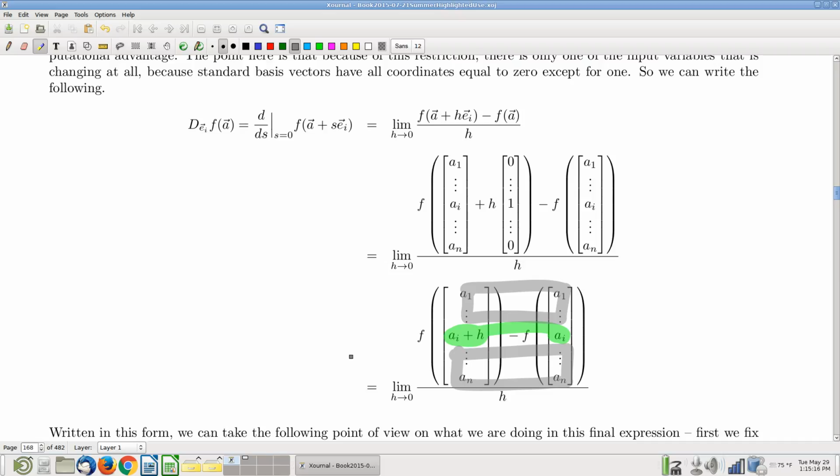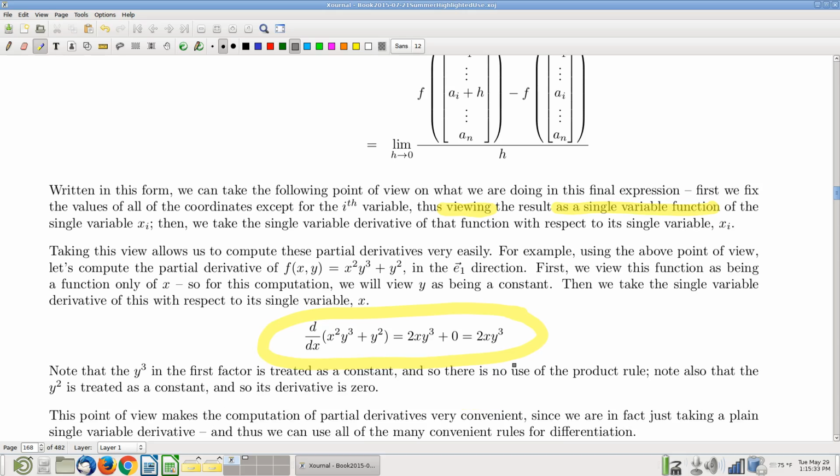Most of those variables are constants, and we're going to treat them as constants. Really, it's just a function of this one variable. We're doing a single variable derivative here, literally. Everybody see the idea there? This is tremendously good news.